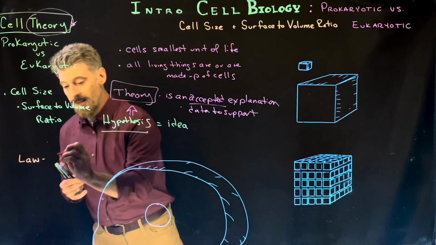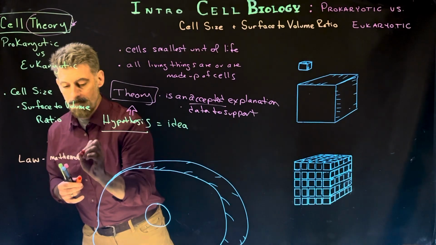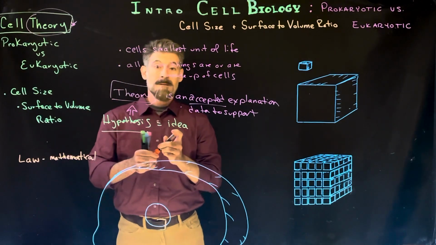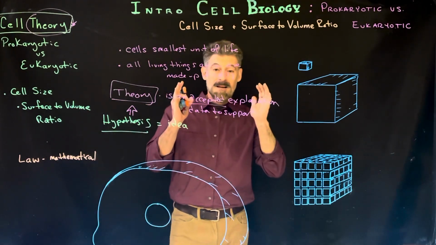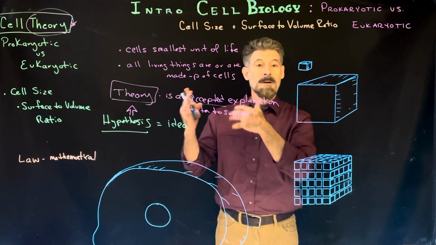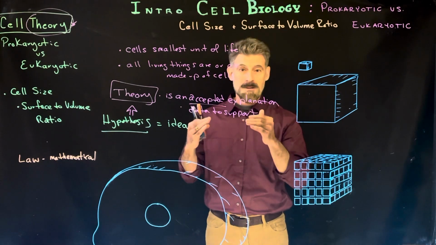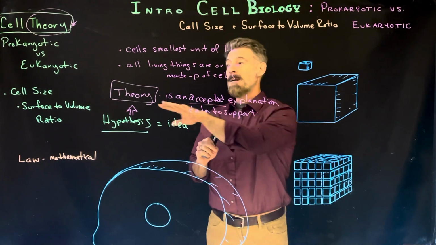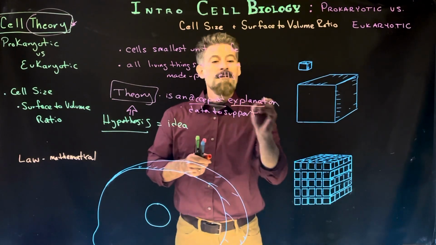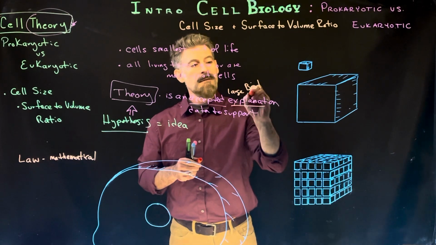Laws in science tend to be mathematical. So often there's an equation that specifically explains that law, or that law is the equation, and you can plug numbers into it and solve and test it, and that's how it is. It's very specific and it's very defined. In biology, a theory is an accepted explanation, usually for a very large biological phenomena.